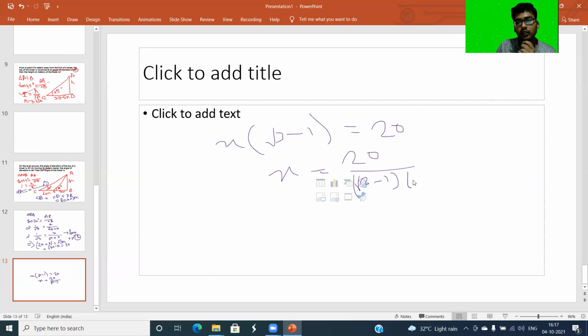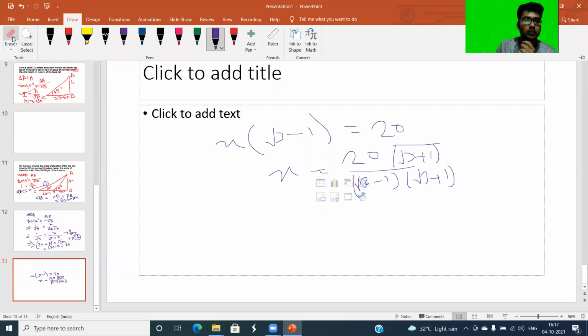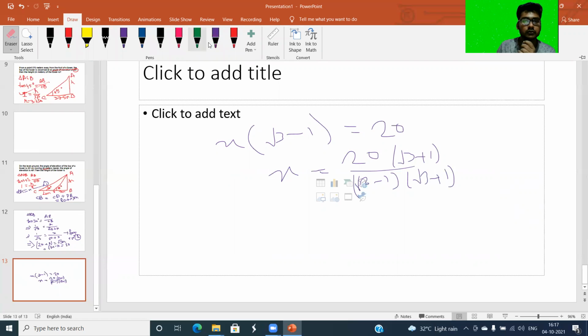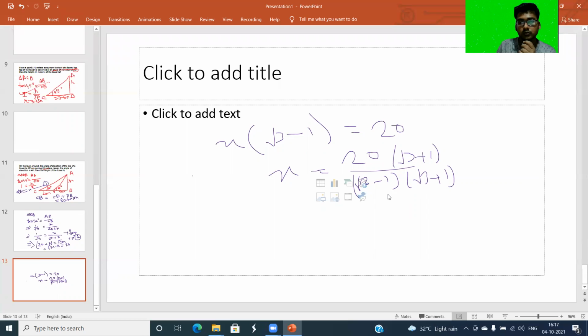Multiply by √3 plus 1 in numerator and denominator. √3 minus 1 into √3 plus 1 means a minus b into a plus b, which is a square minus b square.